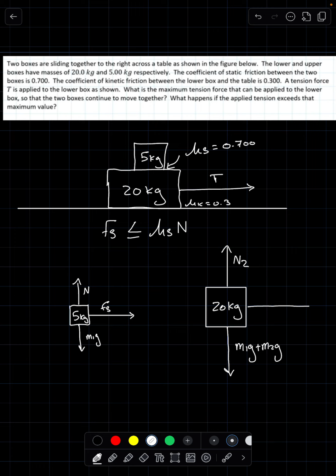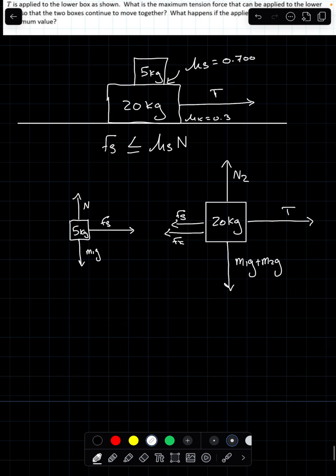It has tension in this direction, but it also has F static and F kinetic because, as it said here, there is kinetic friction between the lower box and the table, which has a coefficient of 0.3.